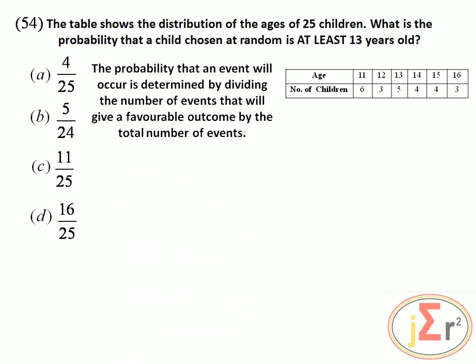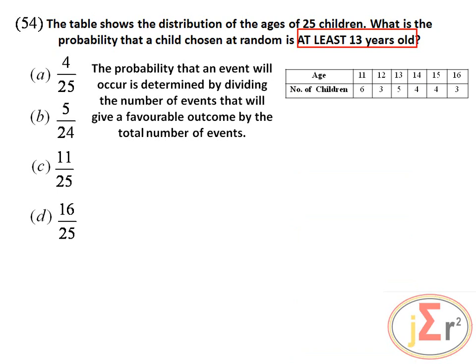In finding the probability, we need to find out the number of those that will give us the answer that we need. And that we will divide by the total number.